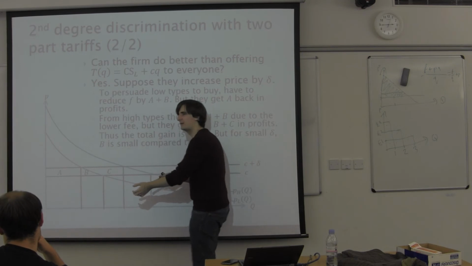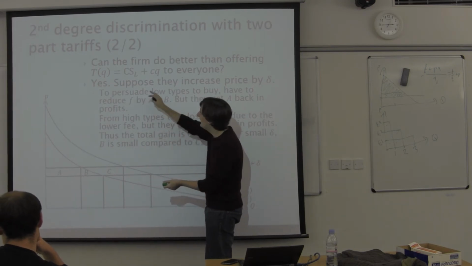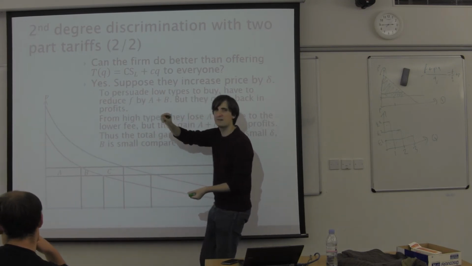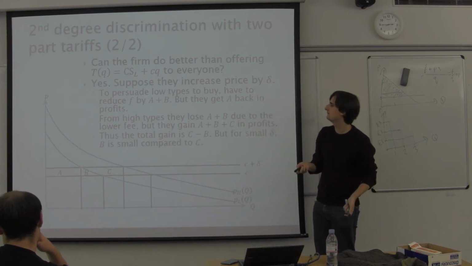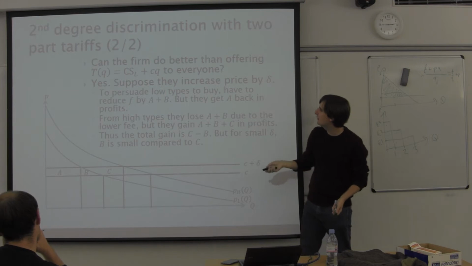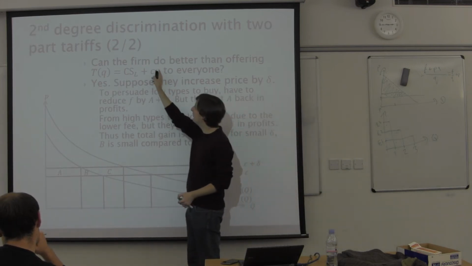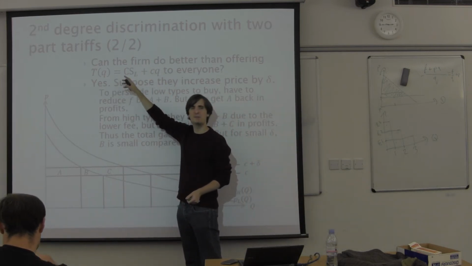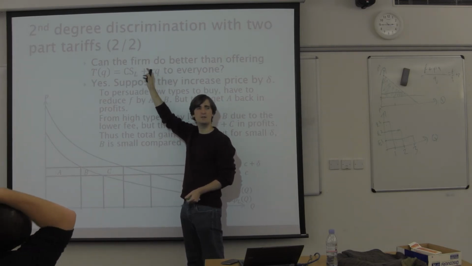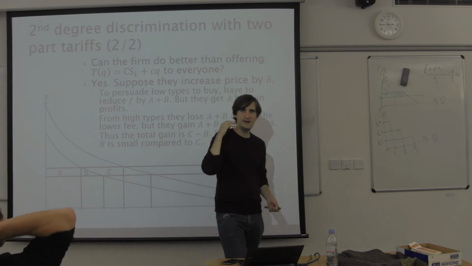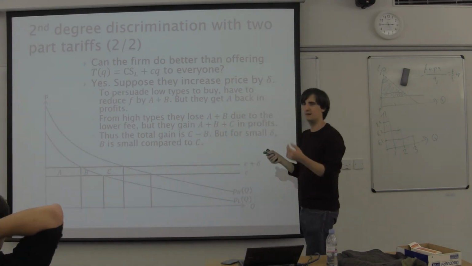So the gain from slightly increasing the price is going to strictly outweigh the cost from slightly increasing the price. So the optimum tariff for firms can't be this tariff that they would use for just the low value consumers. They'd like to charge a slightly higher price and a slightly lower fixed cost.